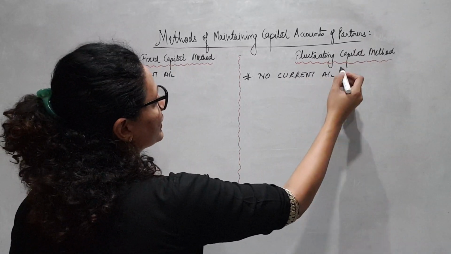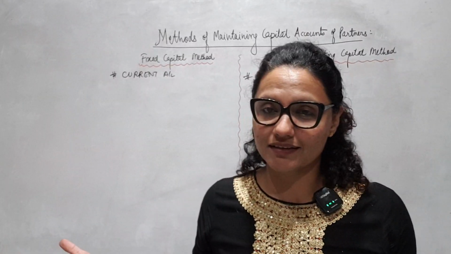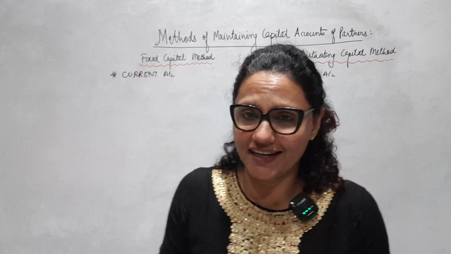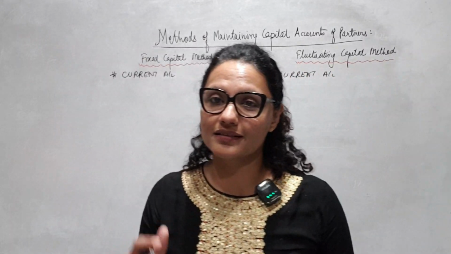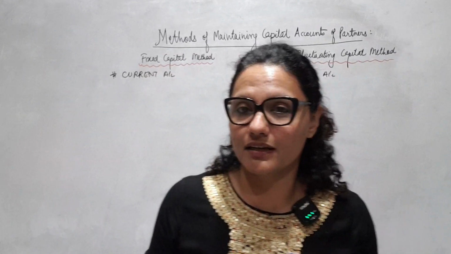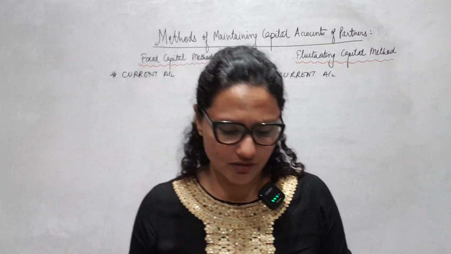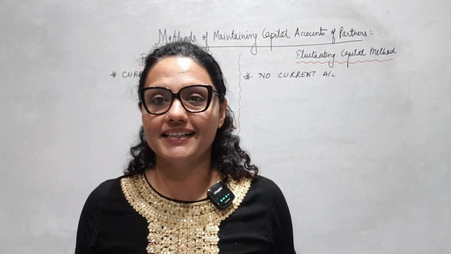So everything was being debited and credited to the capital account because we don't have the current account, right? That's why it's called fluctuating method, because since every transaction is either increasing or decreasing the capital account balance, the capital account is called fluctuating, right? You got the broader idea, right?